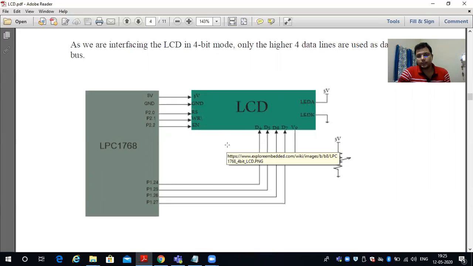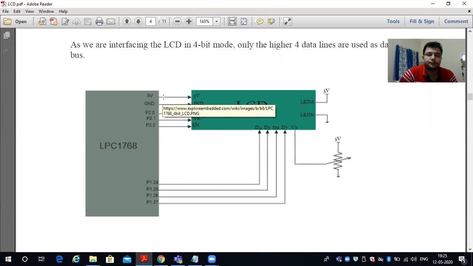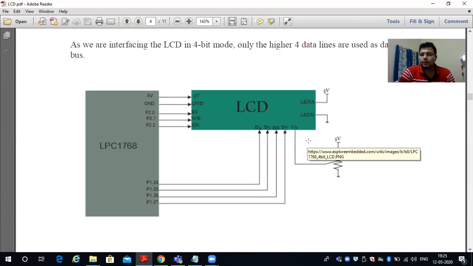So in our kit, already these things are fixed, so we don't have to worry about powering up the device, or anode and cathode and contrast voltage. But what we have to configure, and what we want to figure out, are the pins which we will use, so the ports and the pins.